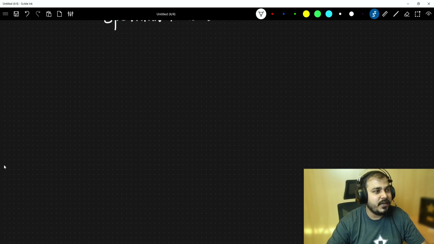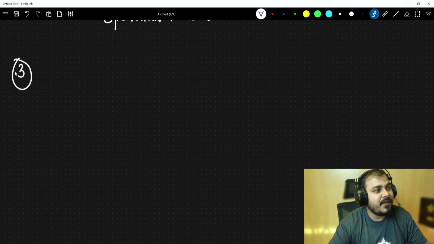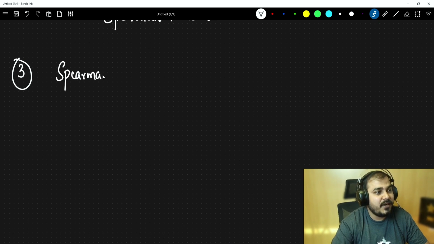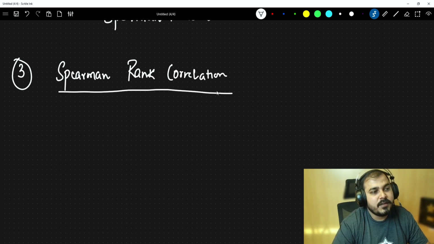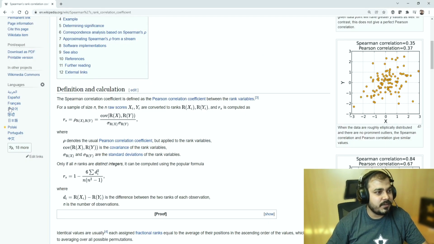The next point, the third point that I will be doing, is Spearman rank correlation coefficient, and the formula is pretty simple.